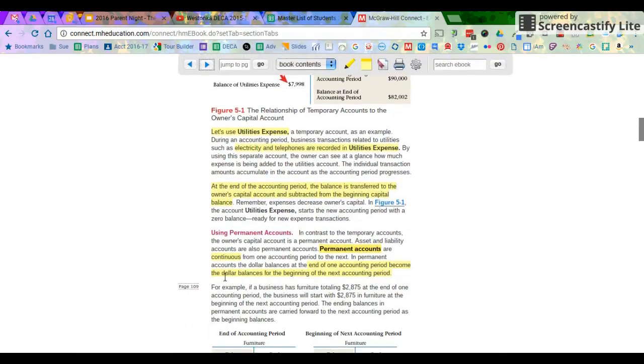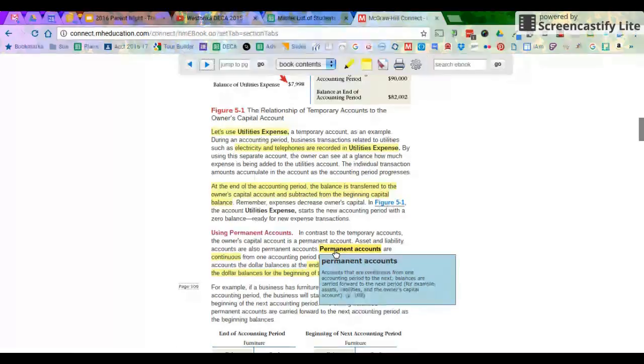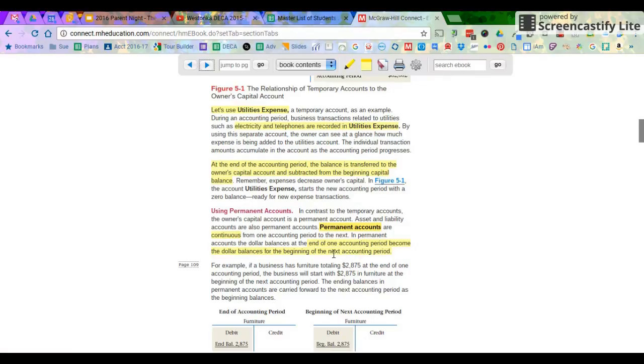So we move down here and we talk a little bit about permanent accounts. What's a permanent account? A permanent account is basically asset, liability, or owner's equity, so the accounting equation. At some point, a permanent account could have a balance of zero, but it generally ends the period with its balance and begins the next period with the same balance.